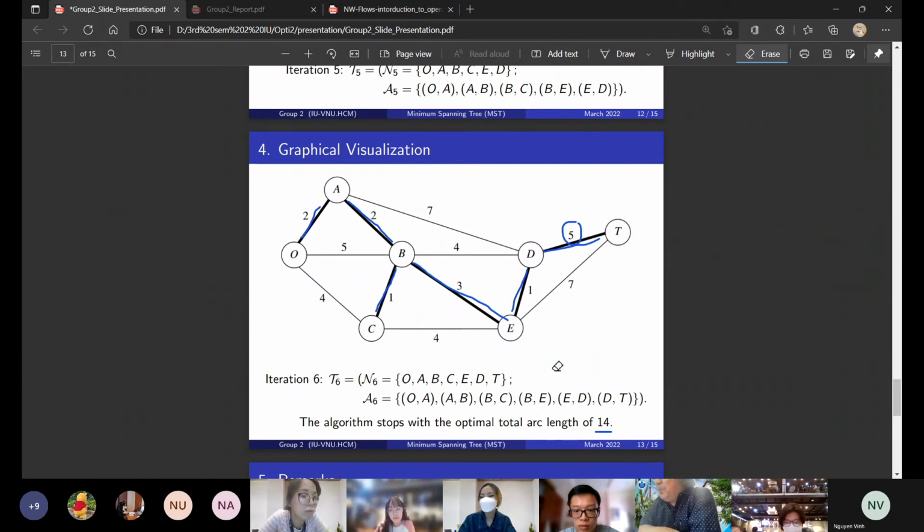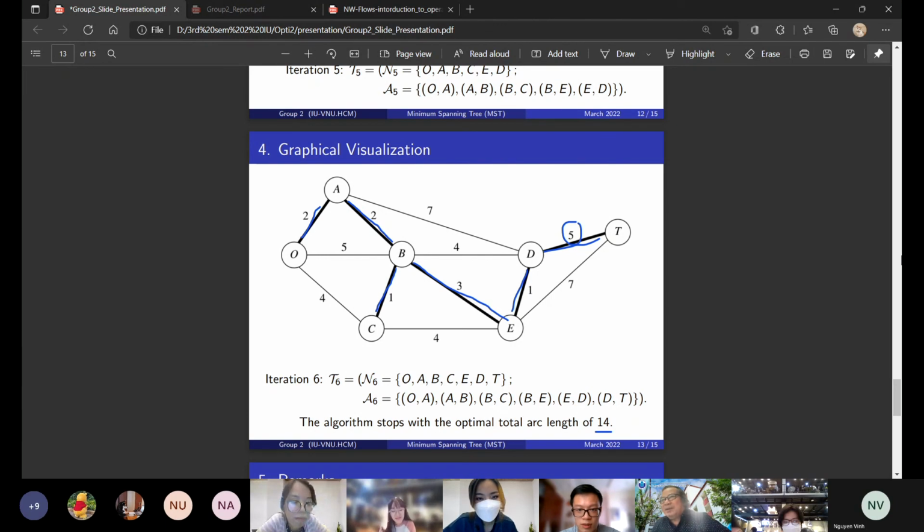Thank you. So you can imagine that this problem is a minimum spanning tree. Is that okay? But it can be minimum cost for a network, for example a telecommunication network, or a lot of other problems.